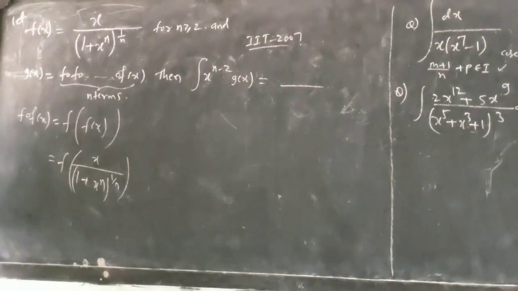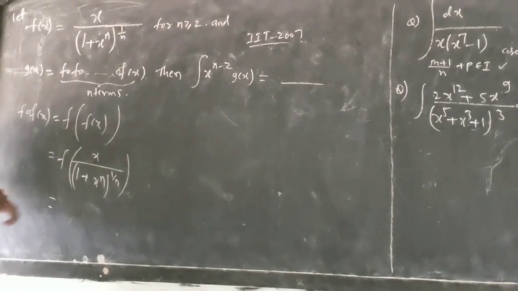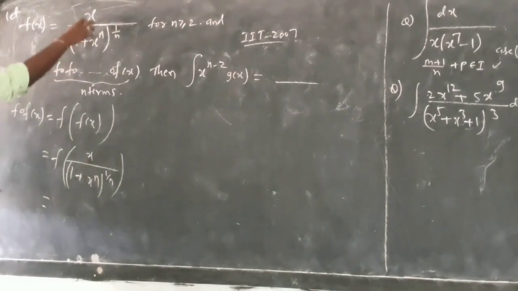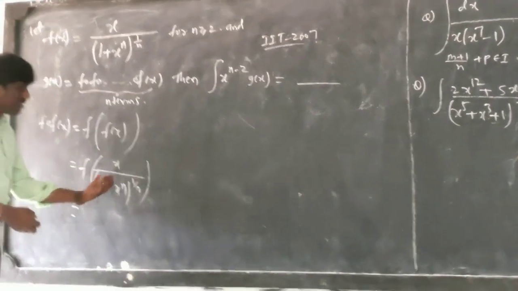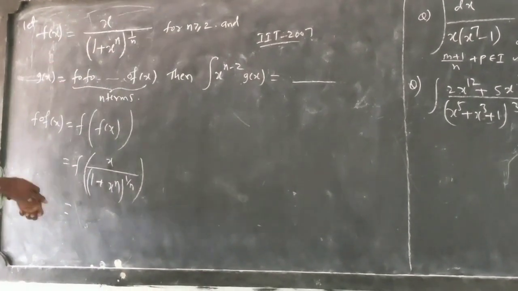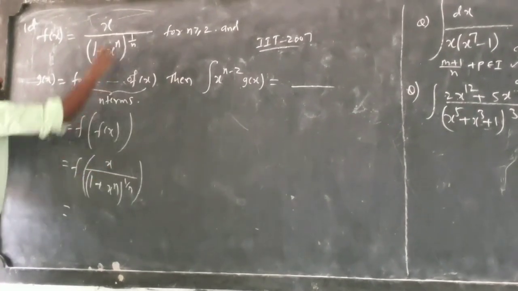So f of f of x means this inside one should come in the place of x. Wherever x is there, whatever something is inside, that something should replace x in this function. So what I do here is, in the place of x, I substitute this one.